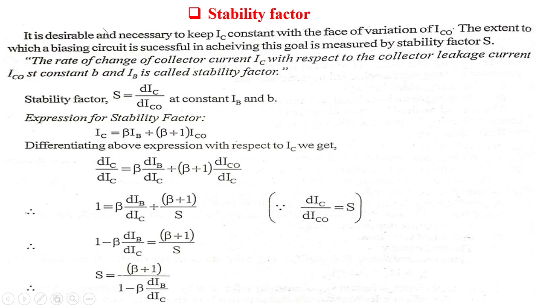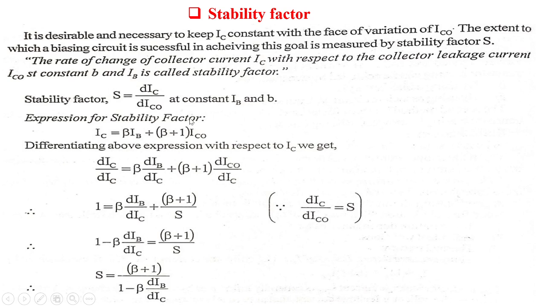The extent to which a biasing circuit is successful in achieving this goal is measured by the stability factor S. The rate of change of collector current IC with respect to the collector leakage current ICO, at constant IB and VBE, is called the stability factor. Stability factor S equals dIC upon dICO at constant IB and VBE.